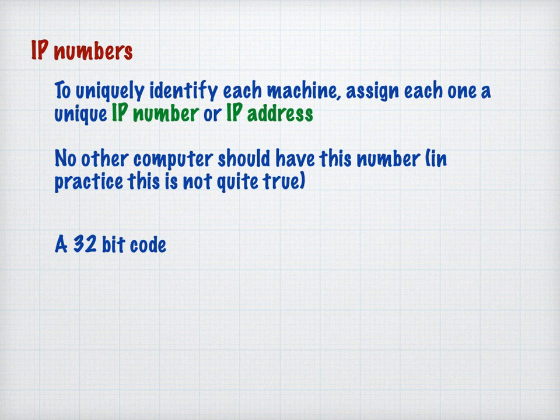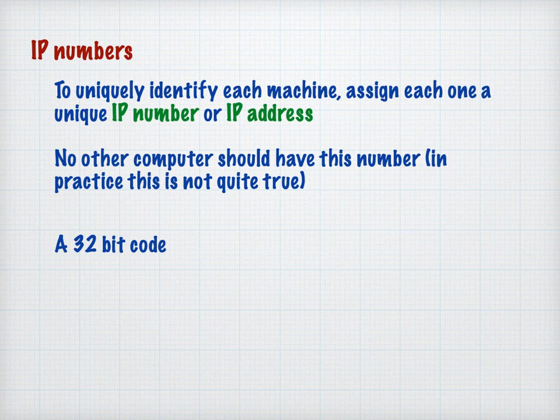So, IP numbers then. Every machine has to have a unique number, and that unique number is its unique address. No other computer, no other device connected to the internet should have that number. We want every address to be unique. You can hold that idea in your head for the moment.